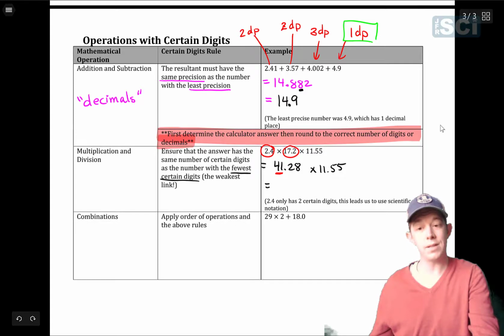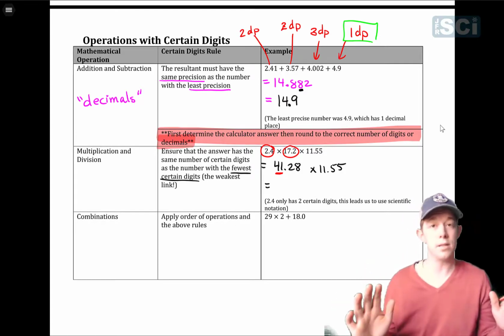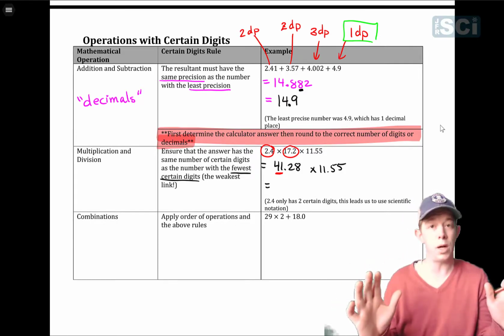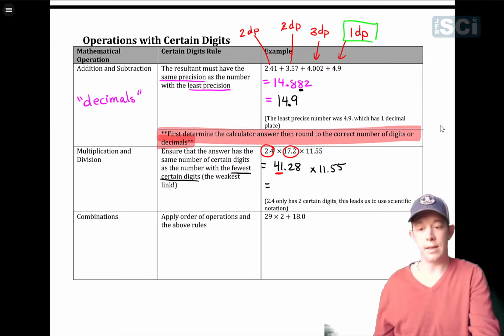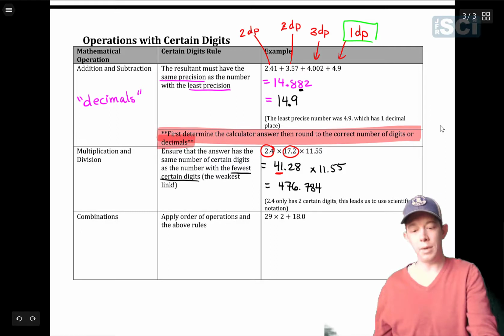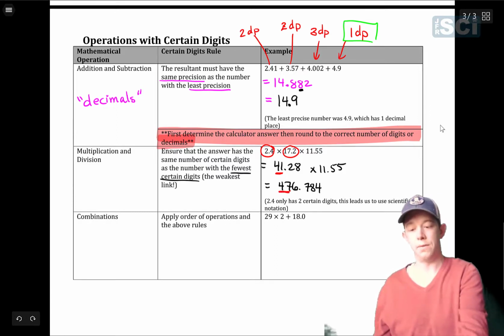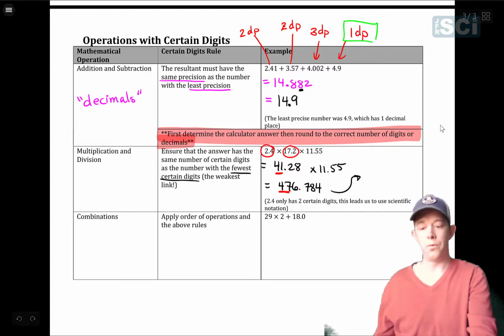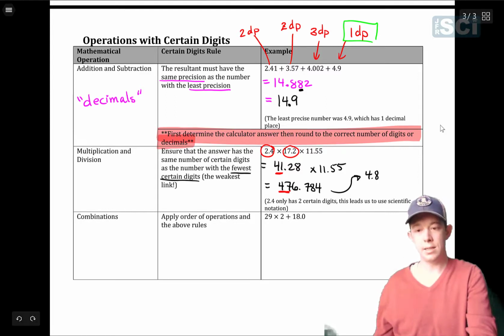I'm going to multiply all of this together as if this was the beginning of my question, and I'm going to say that my answer is 476.784. Now remember, I can only report my answer to 2 significant figures. So my answer has to come out to 4.8 times 10 to the 2.